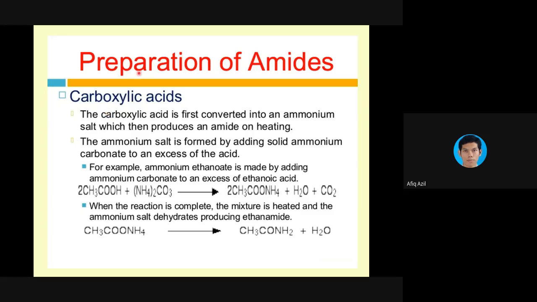So for this part, which is the preparation of amide, what you have to know is how it is synthesized. Basically you are going to mix it with ammonium carbonate. It will form this ammonium salt, which will then get dehydrated.